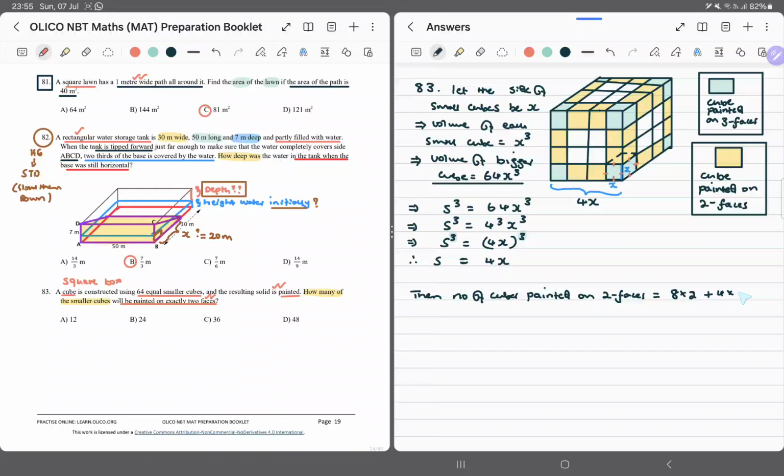Then we can say 4 times 2. That's very nice. So this gives us 24, because this is 16 plus 8. So that is 24. Now, where is that? Option B. So that is sorted. To answer the question, we know that option B is the answer.